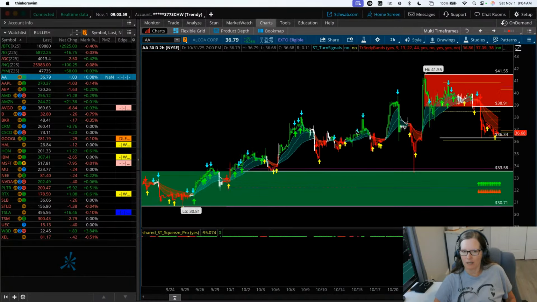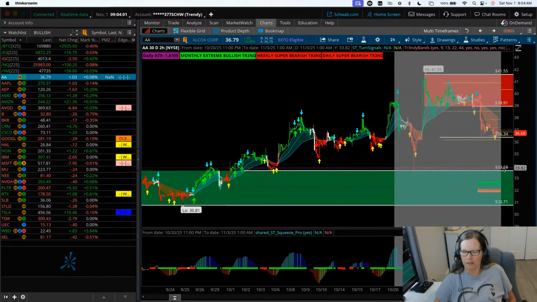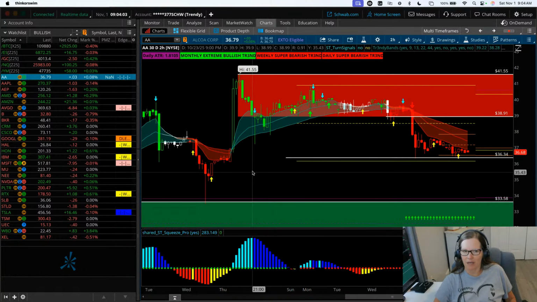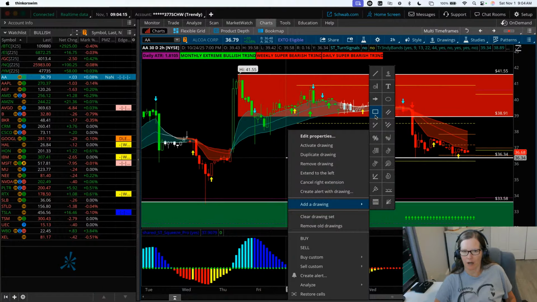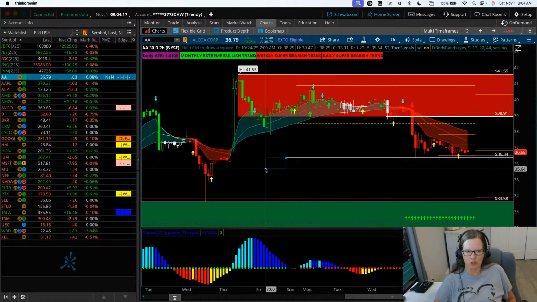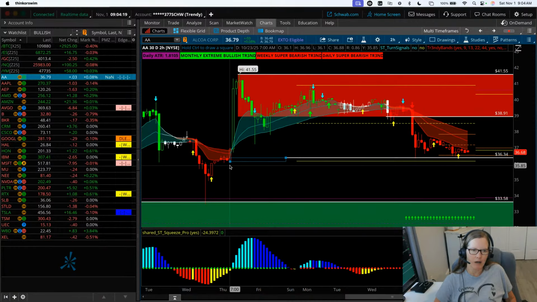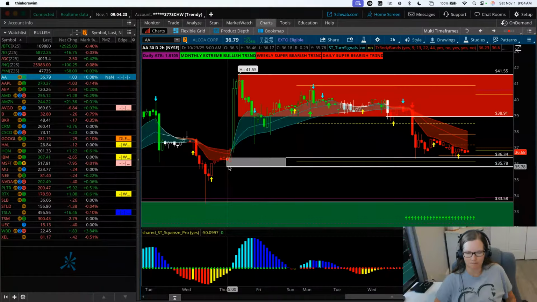I can bring it down to a 2 hour and see if that gives me the inside and up candlestick structure, and it does. And ironically, right at this area that I already have on the chart, the bottom of this structure is going to be right here.